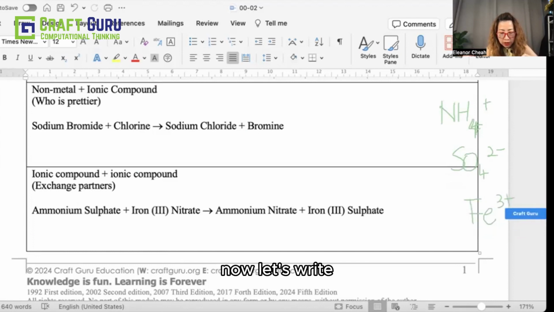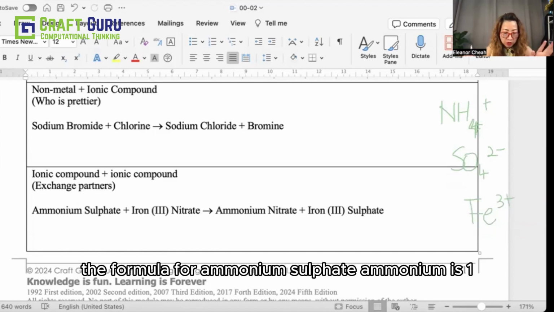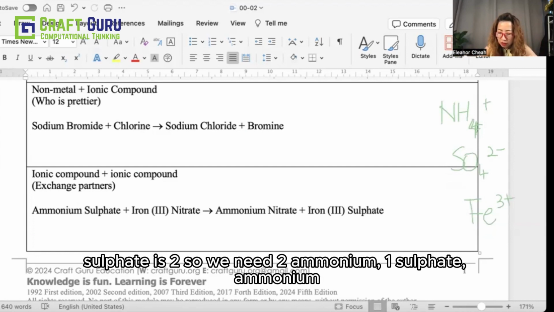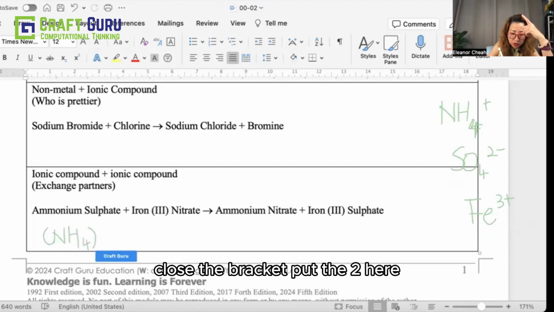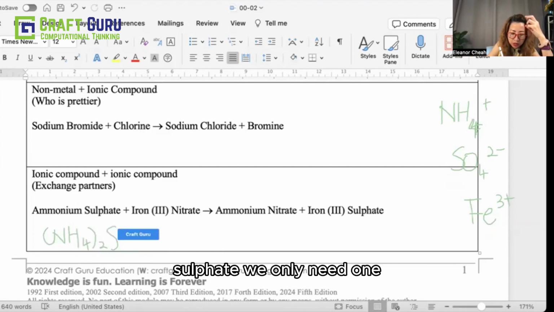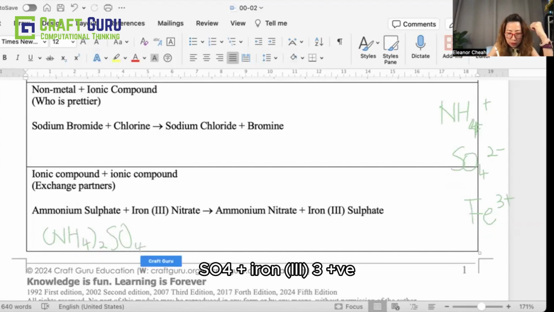Now let's write the formula for ammonium sulfate. Ammonium is 1, sulfate is 2, so we need 2 ammonium, 1 sulfate. 2 ammonium, put in the bracket, NH4, close the bracket, put the 2 here. Sulfate, we only need 1, so SO4.